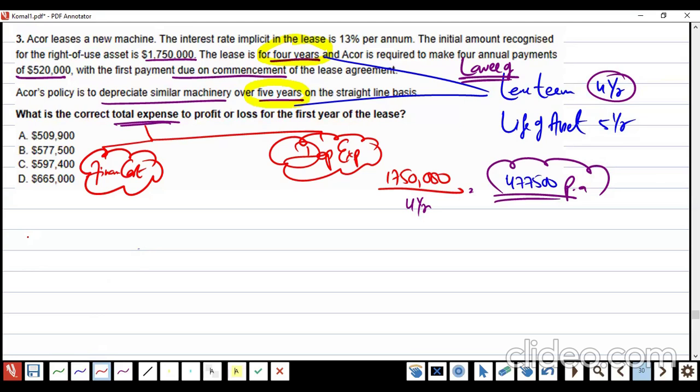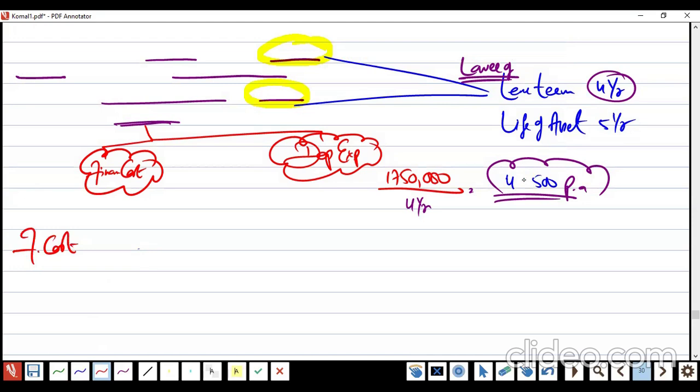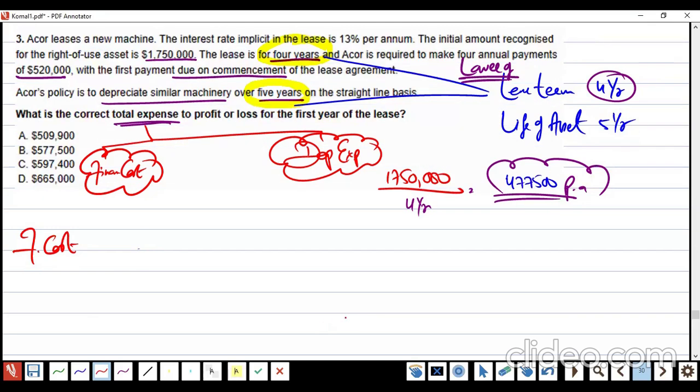Now the interest, the finance cost. As we are aware, finance cost is applied on the lease liability, not on the asset value, right or wrong?